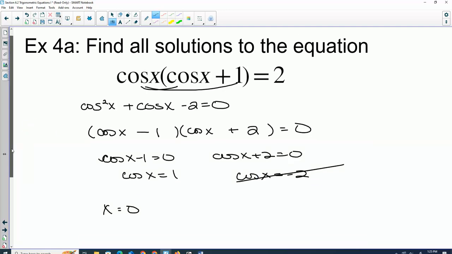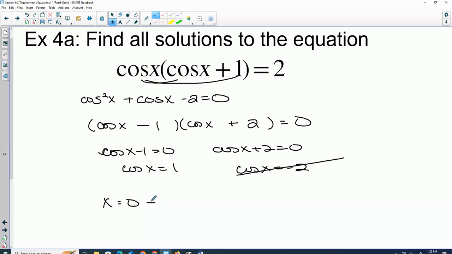Now this said all solutions, so that's when we do the plus 2 pi k, which 0 plus 2 pi k is just 2 pi k, where k is an integer. Or you could have 2 pi plus 2 pi k, as long as your answer is equivalent, then that's fine.